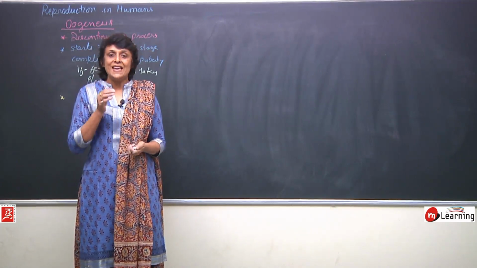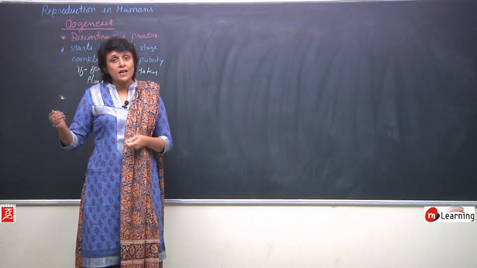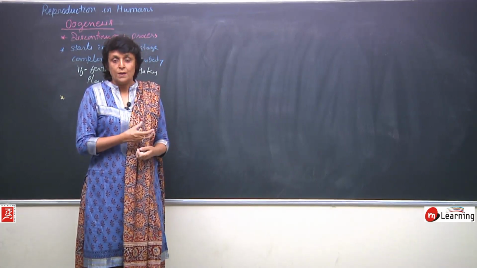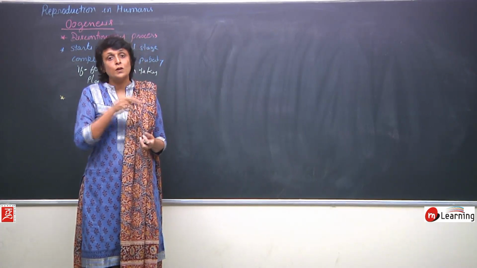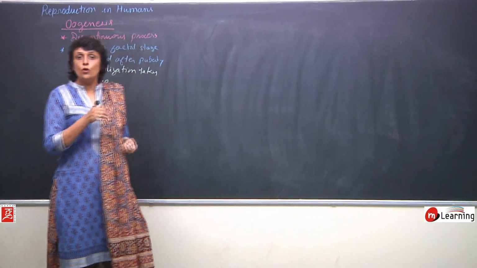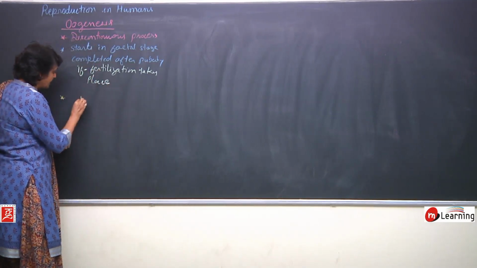So how many eggs a female would produce in her reproductive phase is decided at the time of birth itself, because all those cells which will give rise to the egg are already formed. No new such cells will be formed after that.